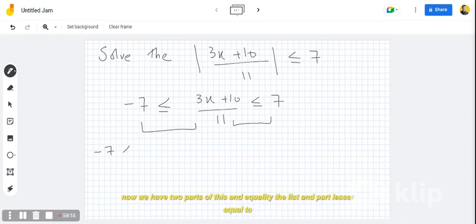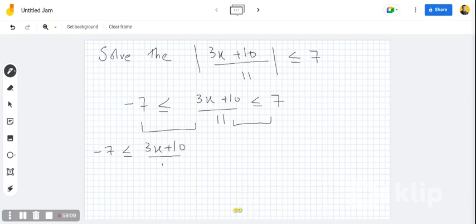So minus 7 less than or equal to (3x plus 10) divided by 11 gives minus 77 less than or equal to 3x plus 10.